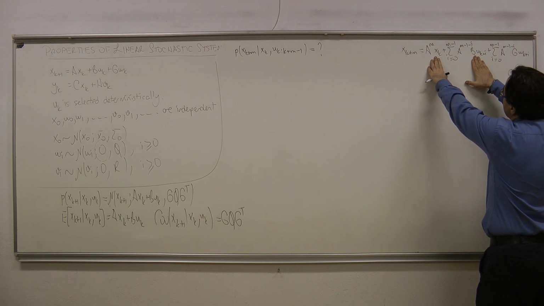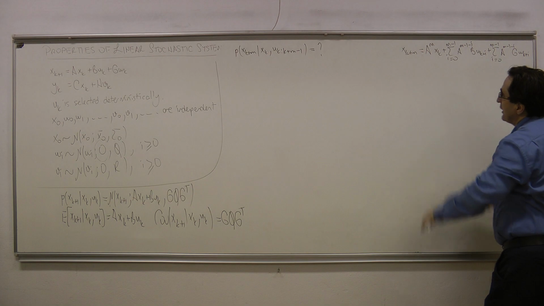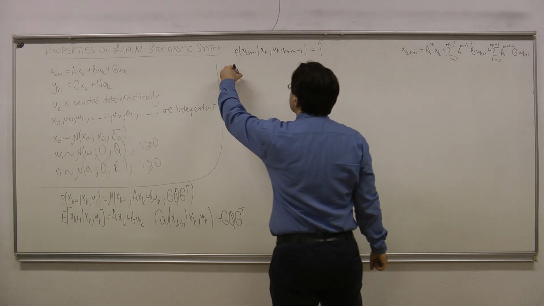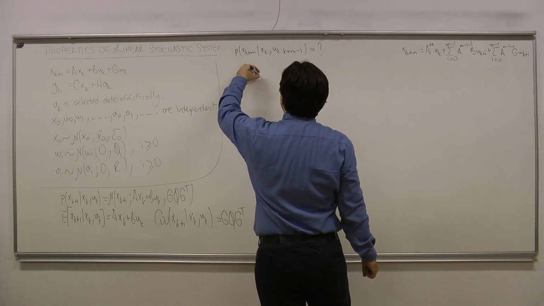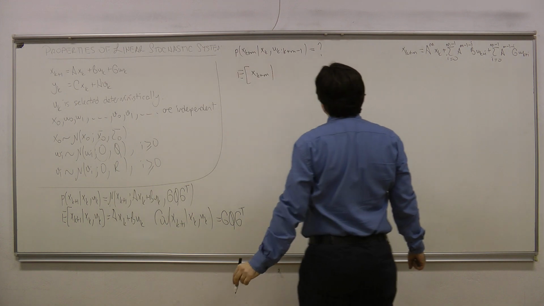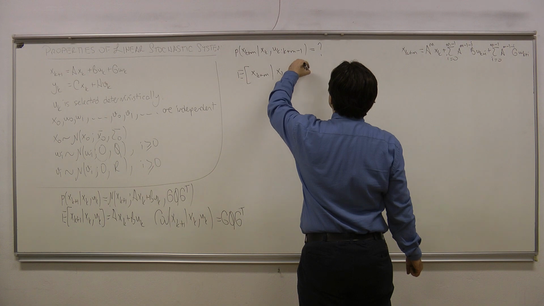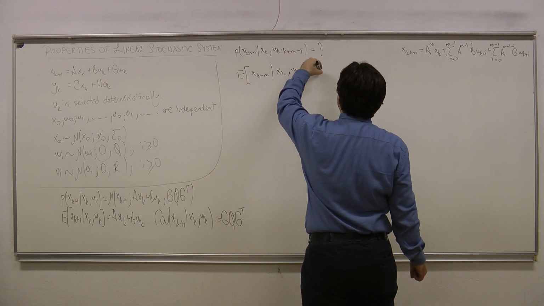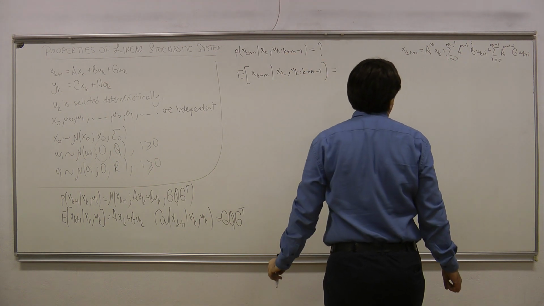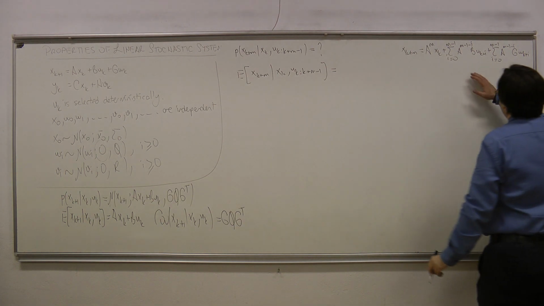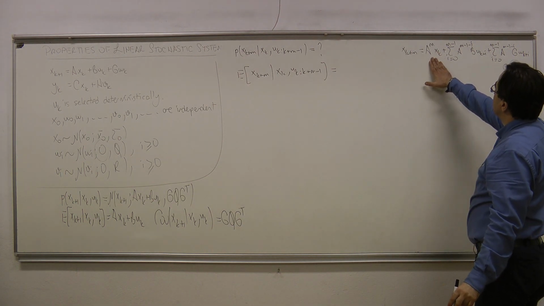So here, I can actually write the conditional mean as follows. The expected value of x_{k+m}, given x_k and u_k from k to k+m-1, is going to be, I'm going to take the expected value of this.